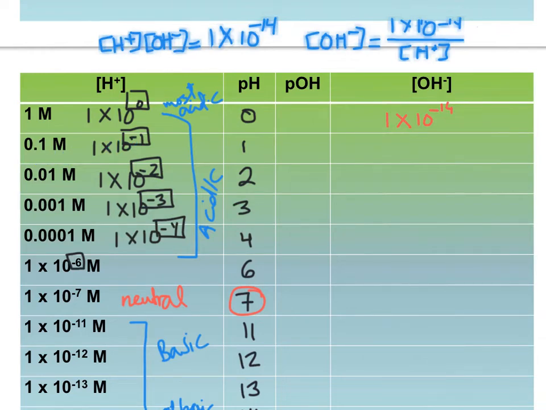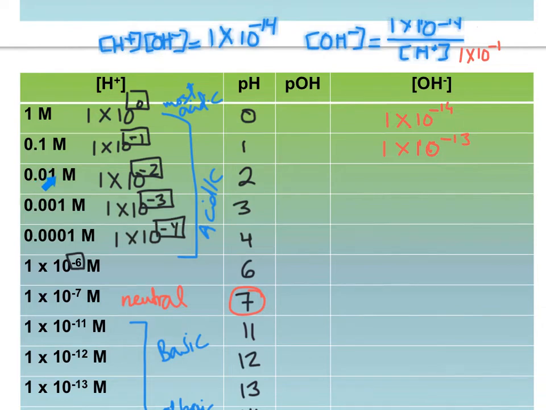What would the OH- here be? Remember, when you do this, you subtract the exponents, right, when you're dividing, and so that would be equal to 1 times 10 to the negative 13.